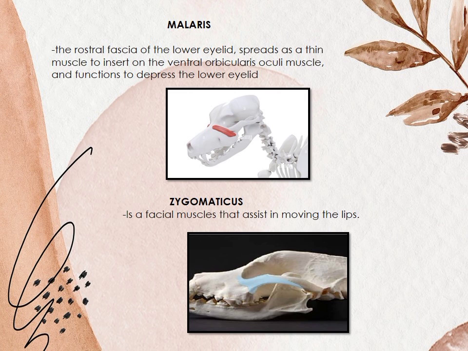Yung zygomaticus minor naman runs horizontally across the cheeks. The zygomaticus minor is a muscle that raises the upper lip, which exposes naman yung maxillary teeth.